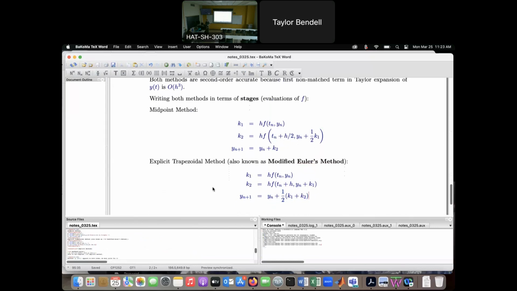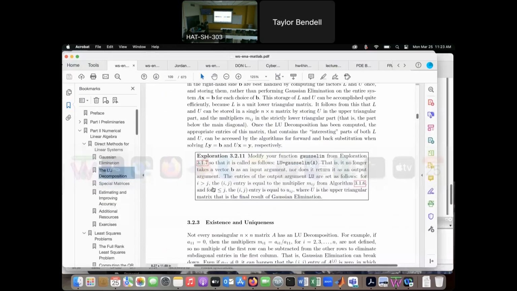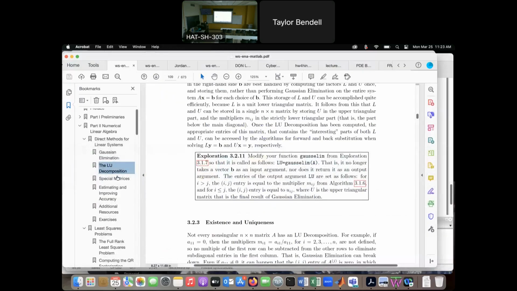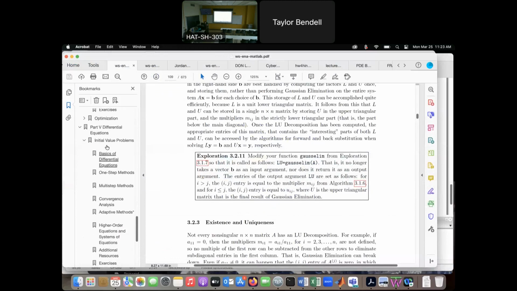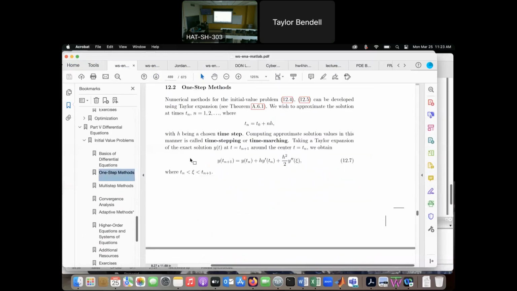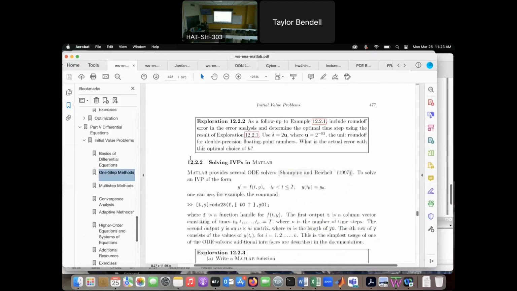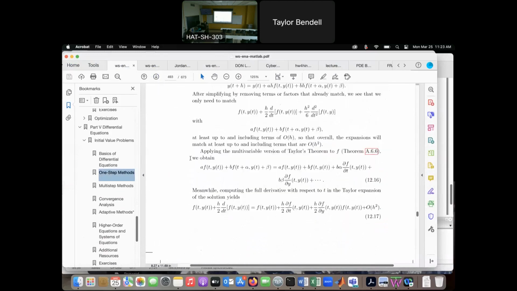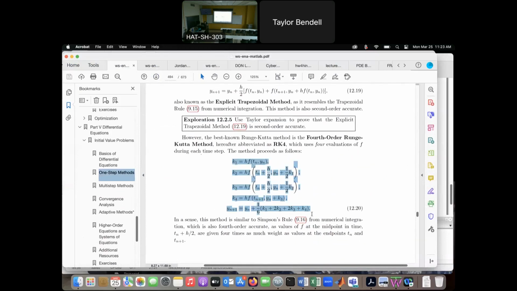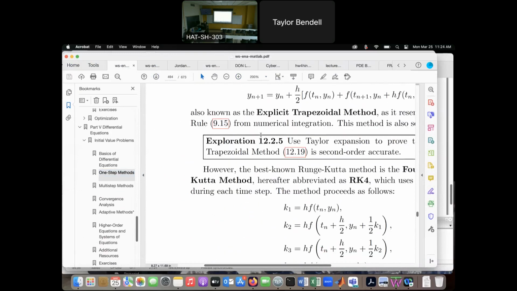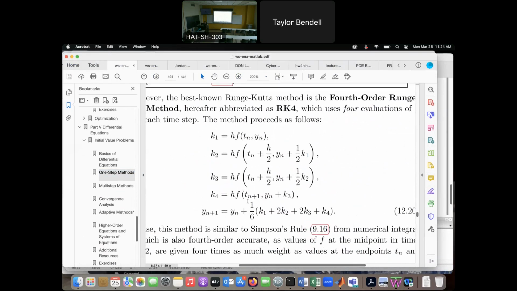Now you can use more stages to get even higher order accuracy. By far the most well-known Runge-Kutta method is fourth order. I'll show you that here. So this is fourth order Runge-Kutta that uses 4 stages.